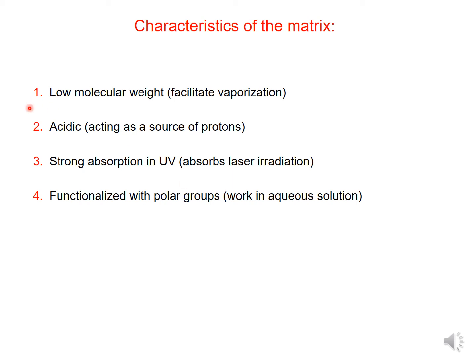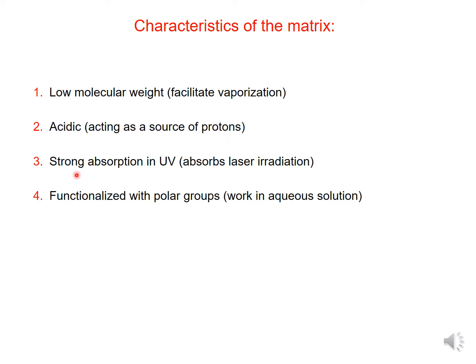We use the acidic properties of the matrix because in that case we generally perform the ionization in positive mode using protonation. Then this acidic matrix acts as a source of protons to allow the detection of MH+.